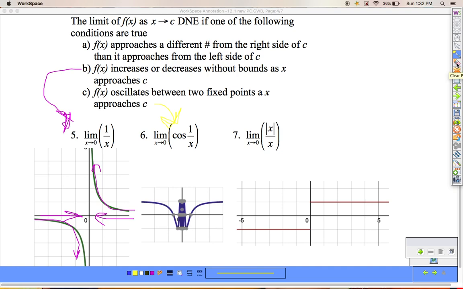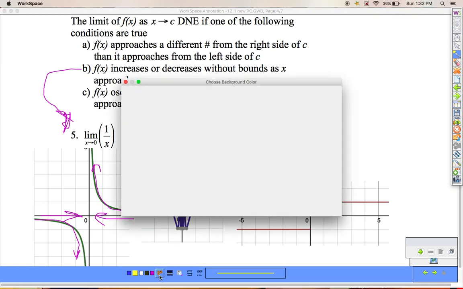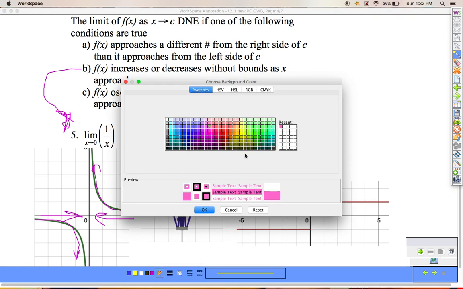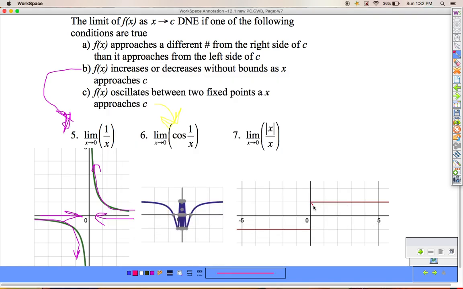All right, and the last one, let me change this up and clean it up a little bit. All right, this is what we have. From the left side, it's a horizontal line at -1. From the right side, it's a horizontal line at +1, and it stops at 0.